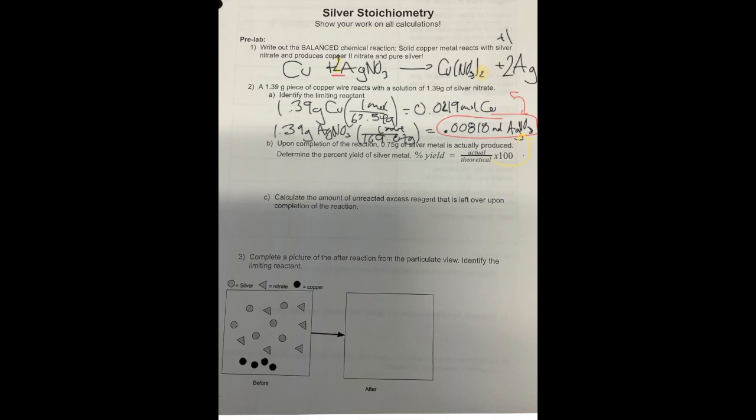So I'm going to take my limiting reactant, 0.00818 moles of AgNO3. And I'm going to find out how much silver that should make. So we know from the balanced equation that for every 2 moles of silver nitrate, it will make 2 moles of silver.